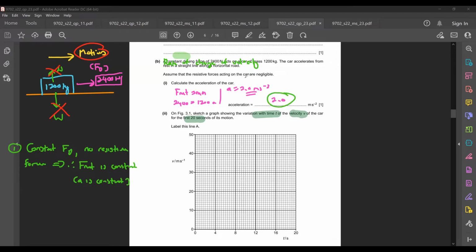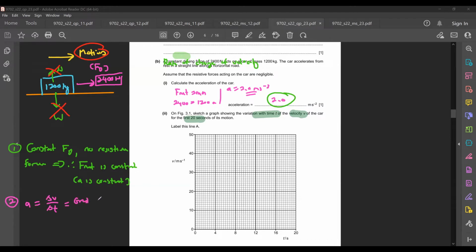Okay. And then after that, you have to draw on something that you learned from kinematics, where we told you last time, acceleration is rate of change of velocity.